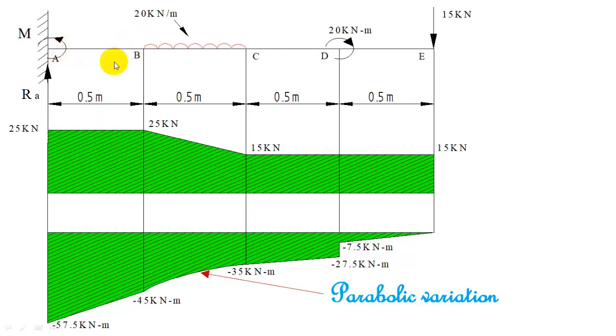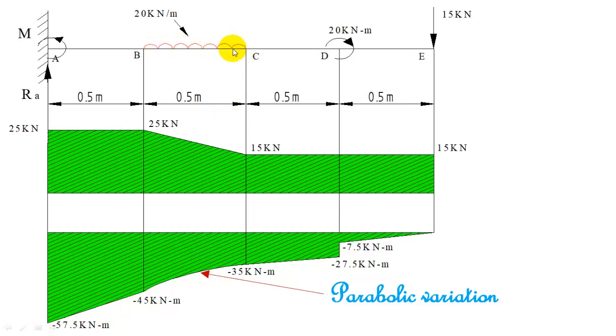And we know when no load is acting between, the bending moment will change linearly. Or you can look at the shear force diagram, and shear force is constant, so the bending moment variation is going to be linear. So you can show it by linear variation, minus 57.5 to minus 45.